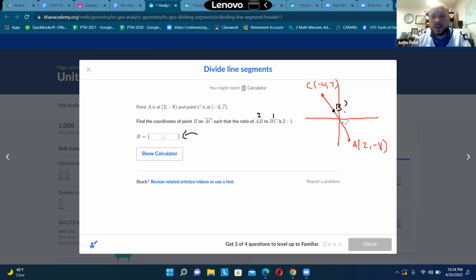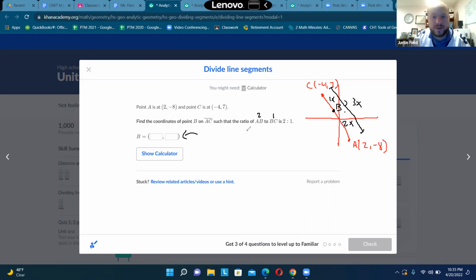We're going to say this is 2x and this is 1x, 2 to 1, and the whole thing would be 3x. We always want the two parts and the whole. And then we're going to identify the correct ratio. But first, what do we need to find?